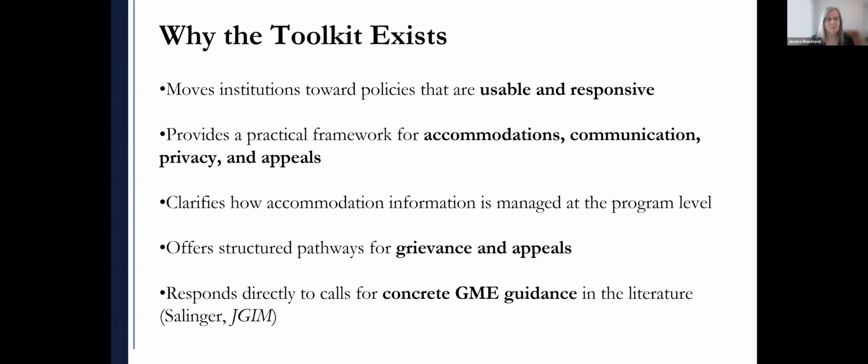In addition, the toolkit outlines how an institution could structure grievance and appeals processes so as to ensure that residents have structured pathways to raise concerns. It also includes guidance on documentation and privacy to protect sensitive information. The goal is to give institutions concrete tools that they can adapt to their institutional needs.